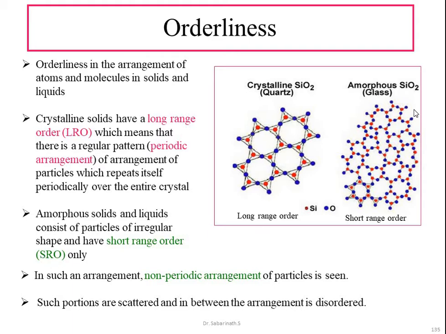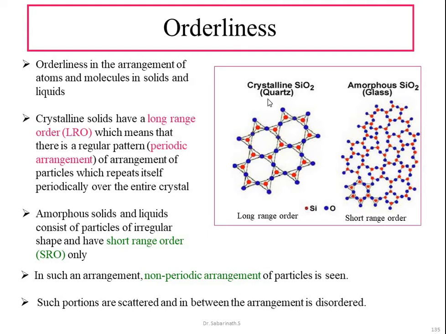Now let us consider another silicon dioxide, amorphous silicon dioxide. The previous one is crystalline and the second is amorphous. I have taken the same example because if you select any silicon dioxide for a specific application, the first thing you need to identify is which silicon dioxide it is.